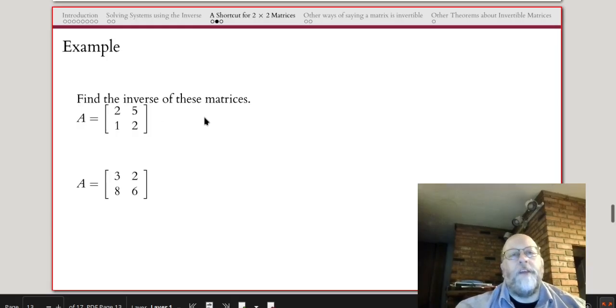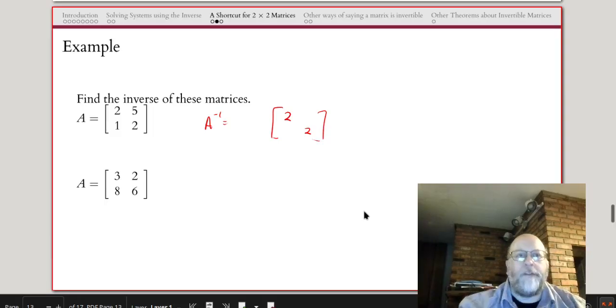Find the inverse of these two matrices. So the main diagonal switches places, but since they are both 2's, I can't see that anything's happened, but the 2's have switched places. The 5 and the -1 switch signs. And then we're going to multiply by the difference between the products of these diagonals.